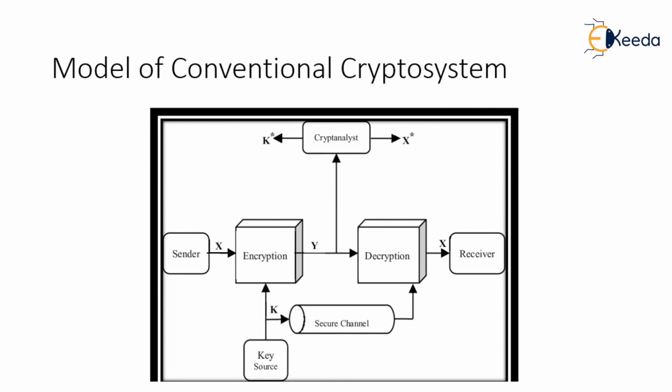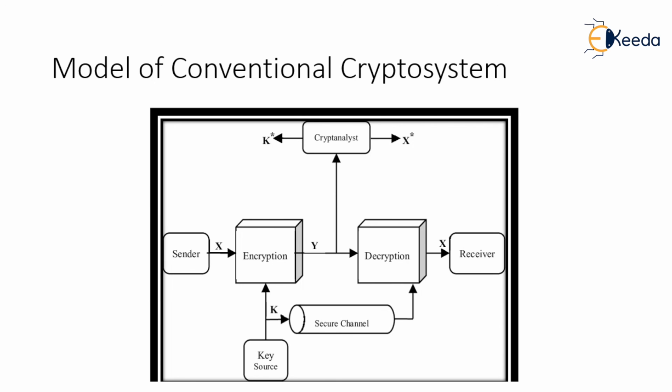This is the model of the conventional crypto system, wherein we can see that the sender is sending the plain text message, that is X, which after performing the encryption algorithm gets converted into Y. Y is the encrypted message. Encryption takes place with the help of a key source, and that key is shared with the receiver through a secure channel.